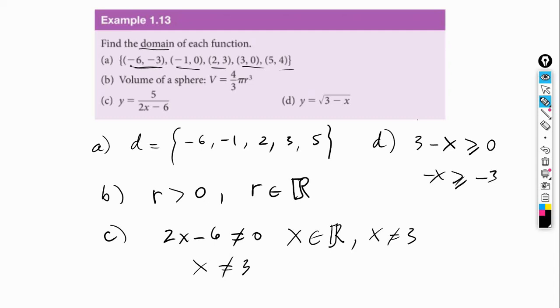And then remember that if you have an inequality and you divide it by a negative or multiply it by a negative, then the inequality is going to flip. And we're going to get that x must be less than or equal to 3. So that means the domain is x belongs to all reals and x is less than or equal to 3.